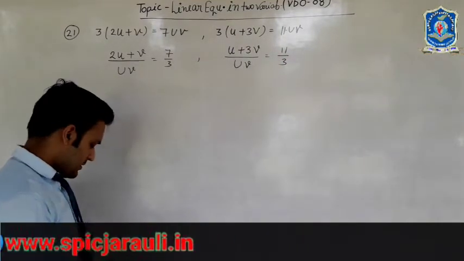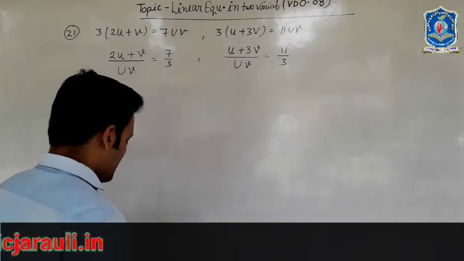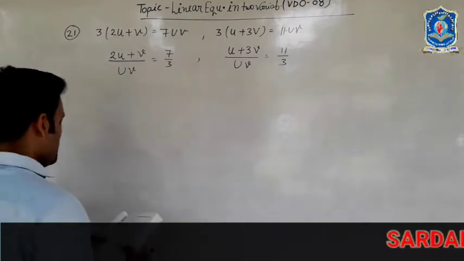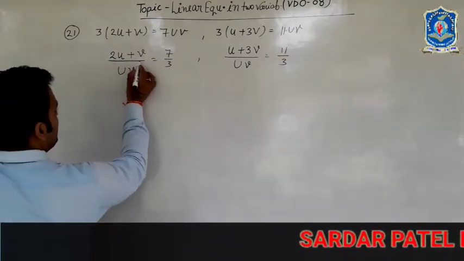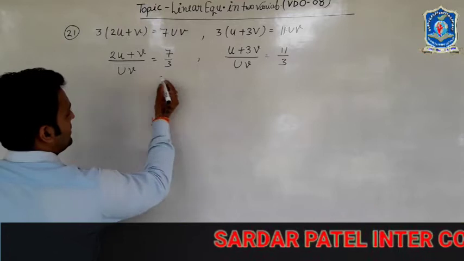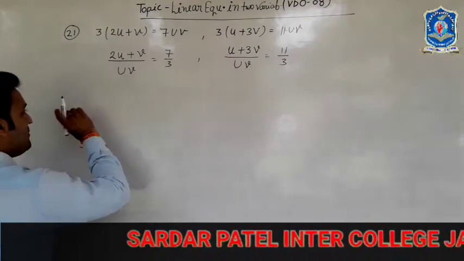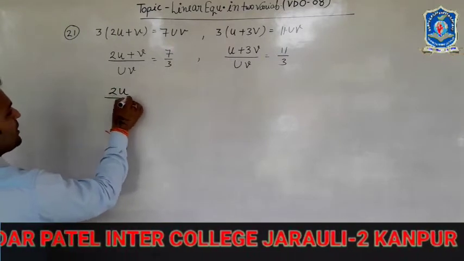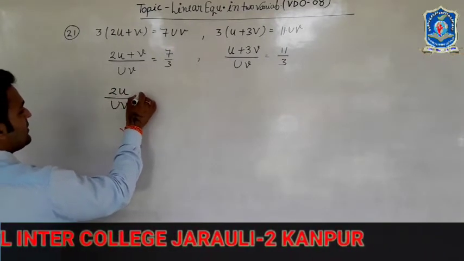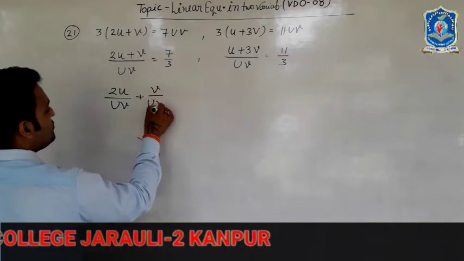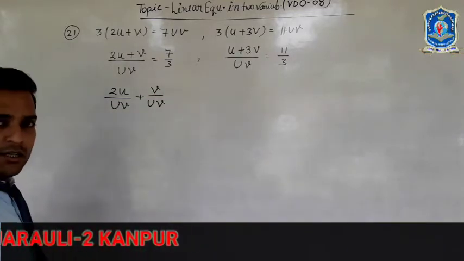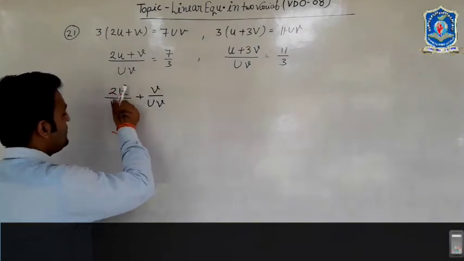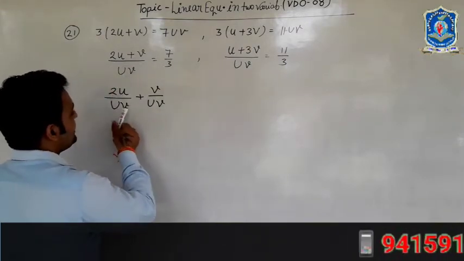Okay students, the next step is that we can write this equation as 2u/uv + v/uv. We have divided by uv in single terms.